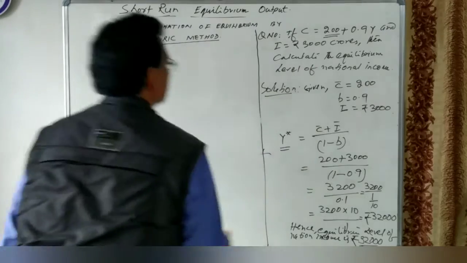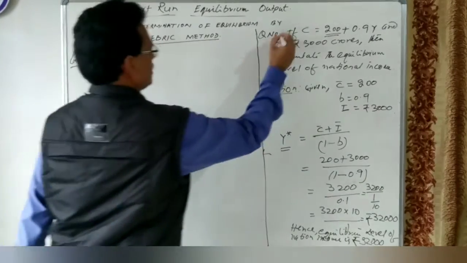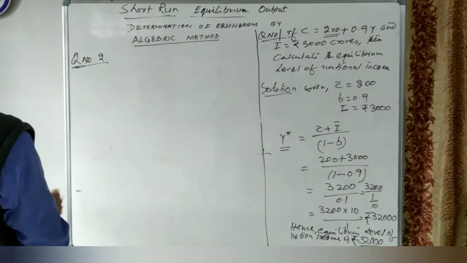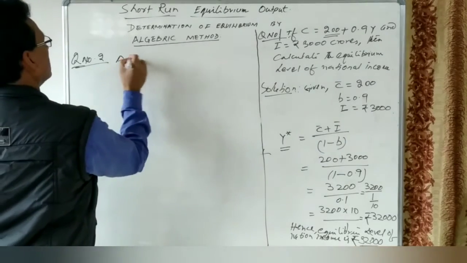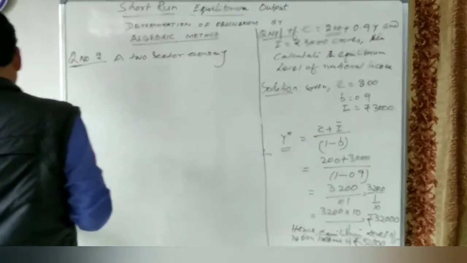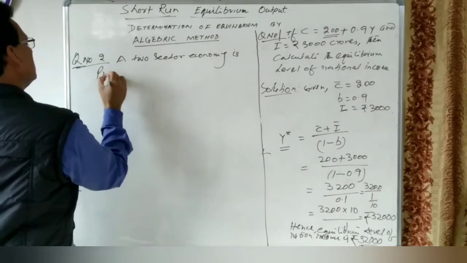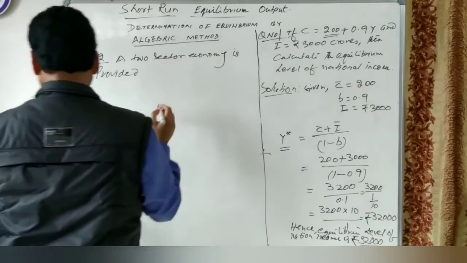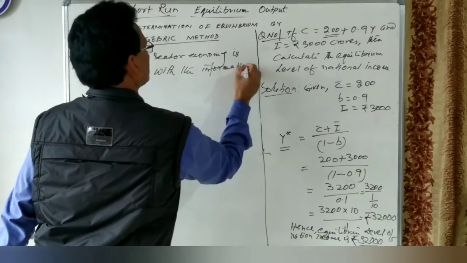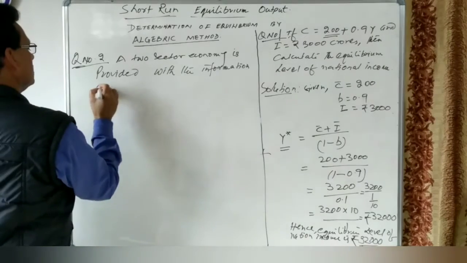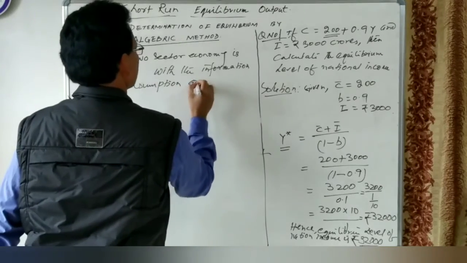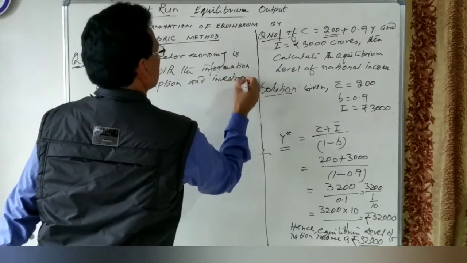Question number 2: a two-sector economy is provided with the information on consumption and investment as follows.